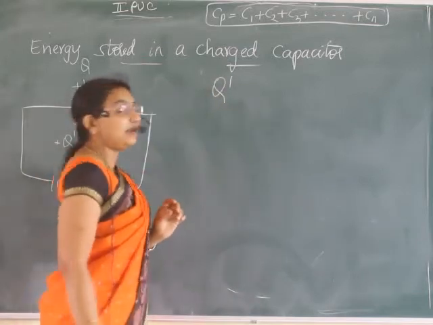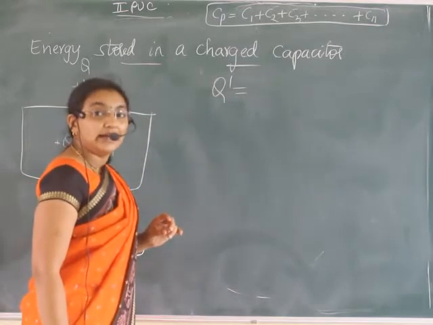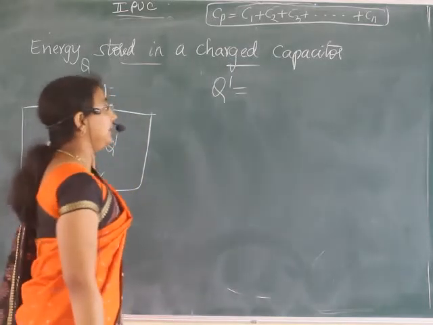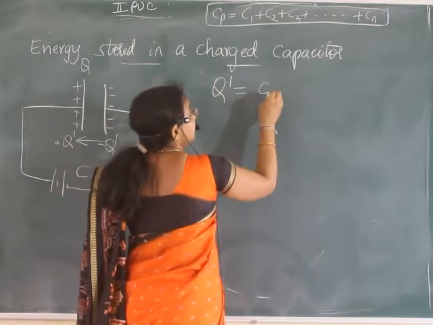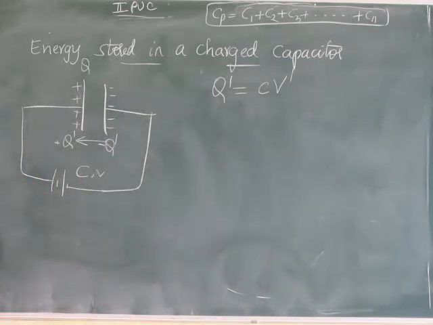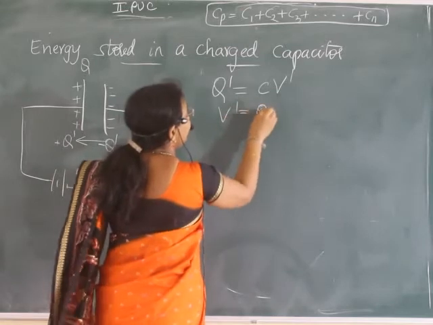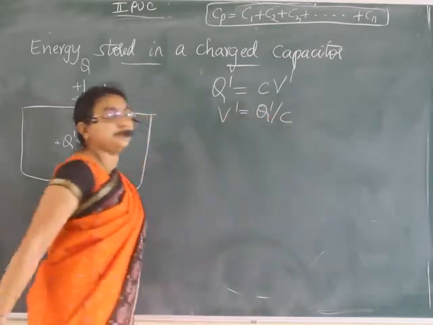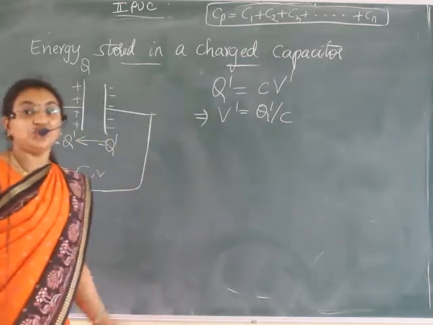Then Q dash is equal to CV dash, where V dash is the potential difference at this stage.